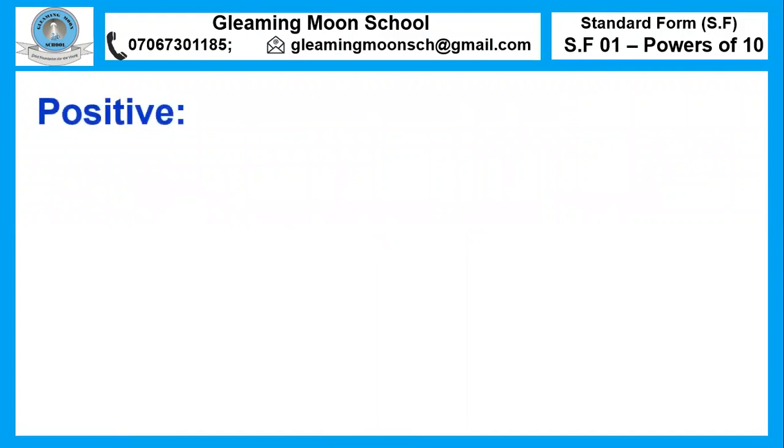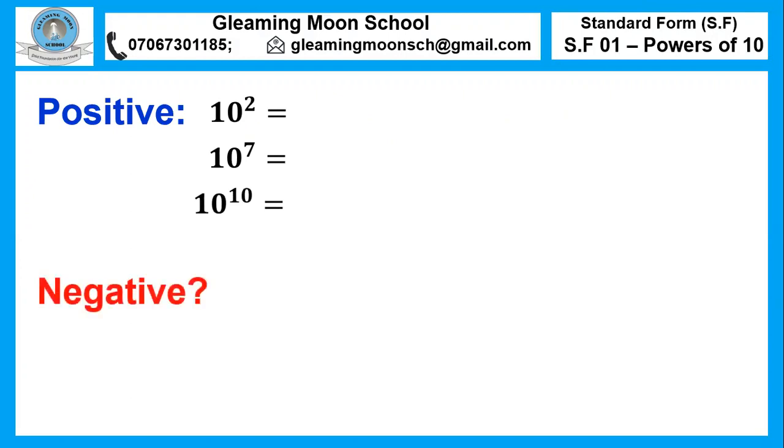Now, let's look at them. For the positive, we have 10 raised to the power of 2, 10 raised to the power of 7, and 10 raised to the power of 10. And for the negative, we have 10 raised to the power of minus 2, 10 raised to the power of minus 7, and 10 raised to the power of minus 10. So what did you notice?